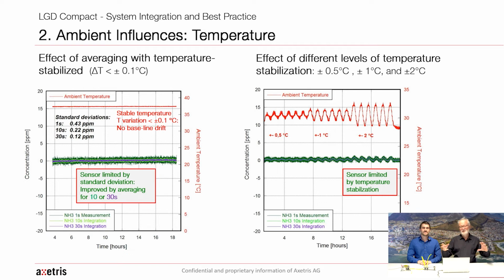And depending on the hysteresis of this controller, you get a temperature modulation of 0.5 C, 1 C, or 2 C, kind of wave style, and you can easily see what happens to the sensor's output, what concentration is measured.